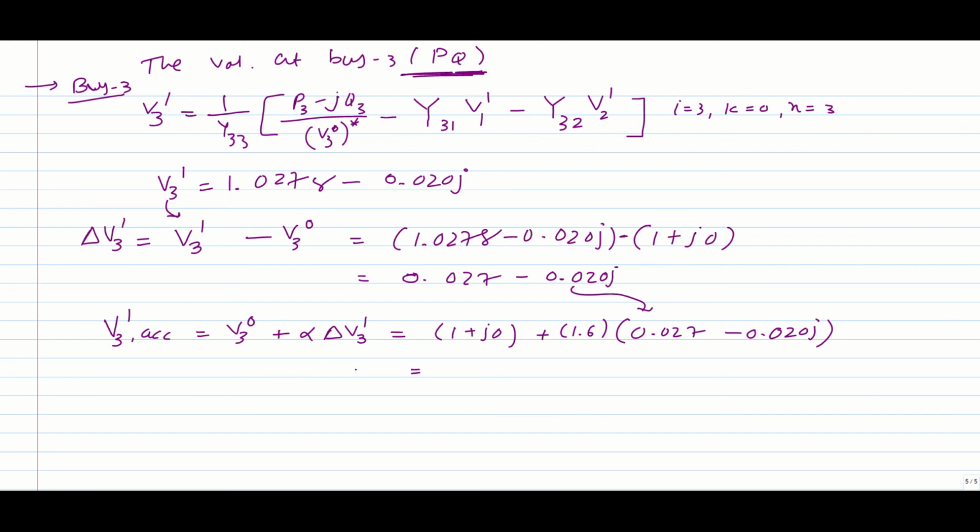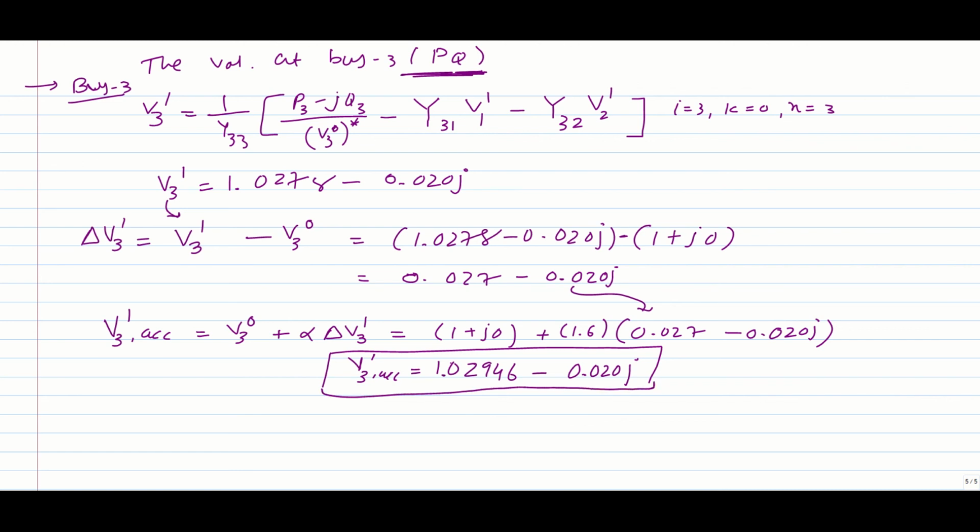So the final answer for voltage at bus number 3 after first iteration is 1.0296 minus 0.020 J. This is your final answer for voltage at bus number 3.